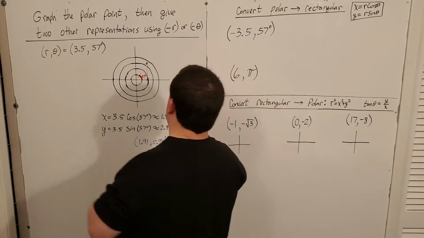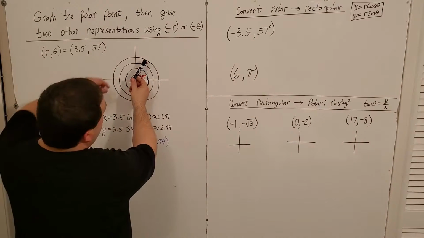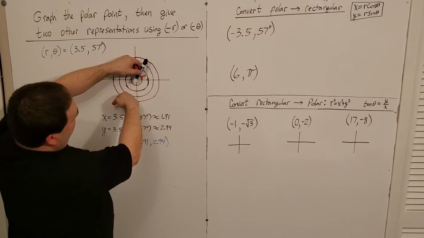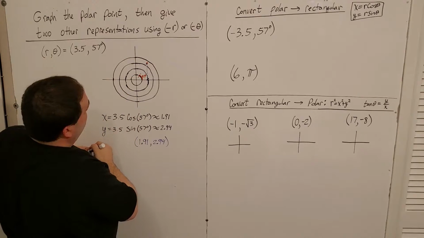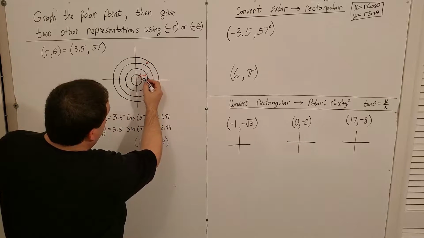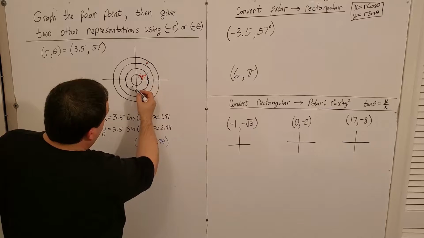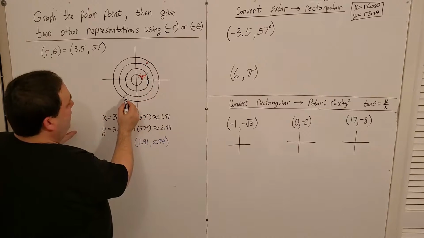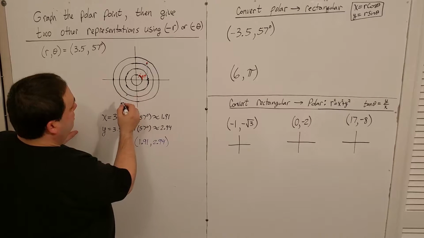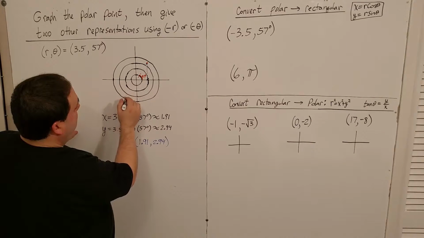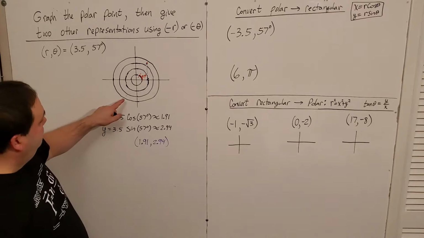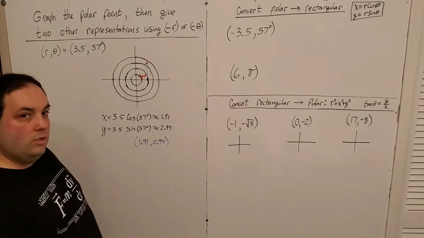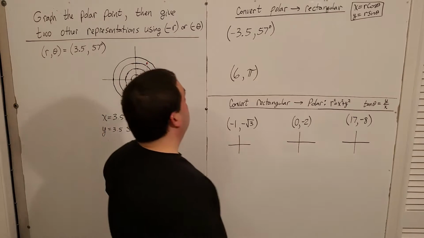So if I rotate to this angle 57 degrees, negative r would be in this direction, right? So if I keep that same line through the center there, it should be somewhere in this neighborhood right here, right? Should be a little bit further. Should be somewhere like that. Somewhere in quadrant 3. Well, let's find out.